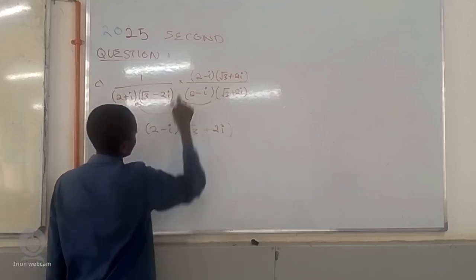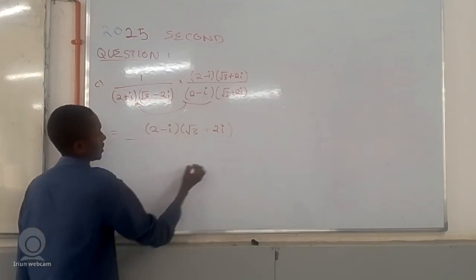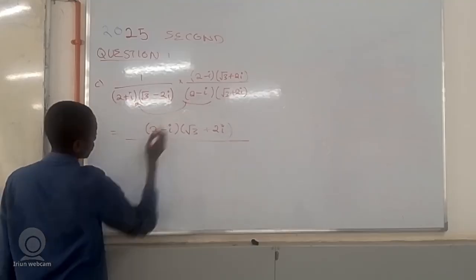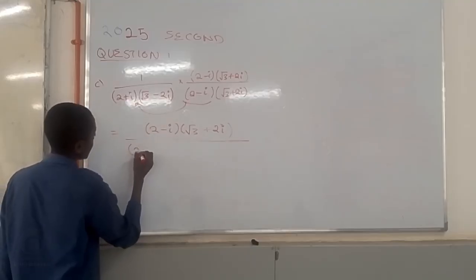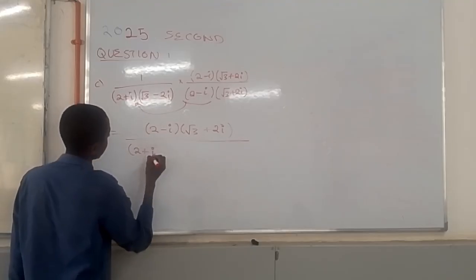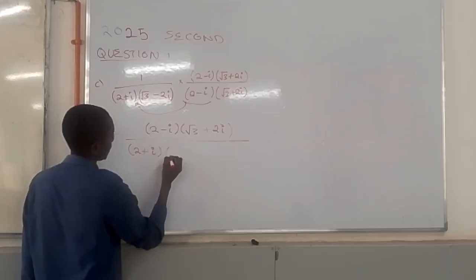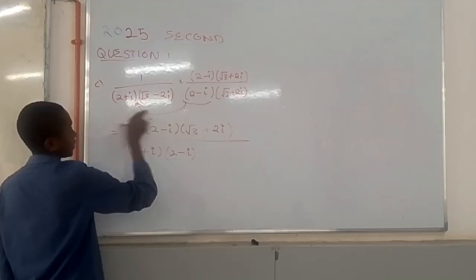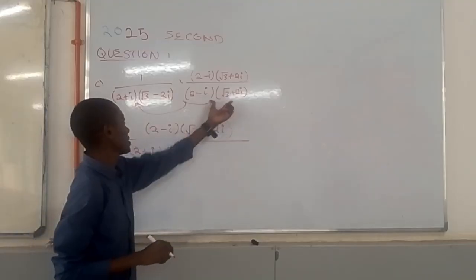Upstairs, I can get these two and group them together: 2 plus I, then 2 minus I. I also get these two.